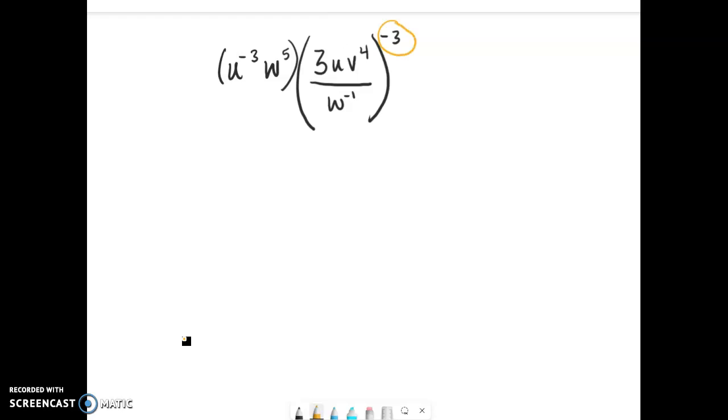This exponent is going to apply to everything in here. So I'm going to rewrite even the things I'm not touching, just to keep it in order. And then let's apply that negative 3 to everything we see here.